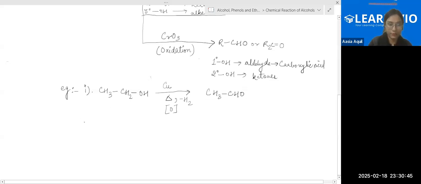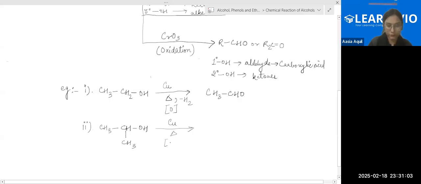The next example is secondary alcohol, CH3CH(OH)CH3. Here a methyl group is attached, so this is secondary alcohol. Again, do the same thing, oxidation.